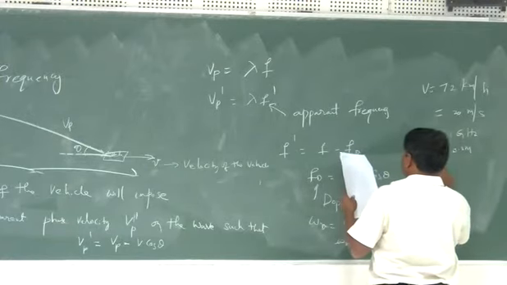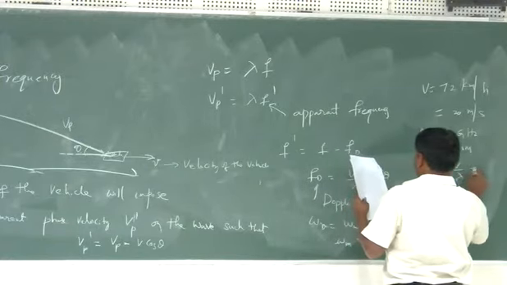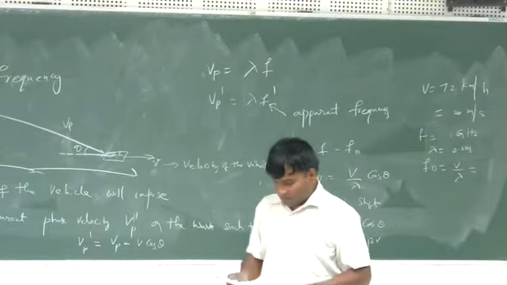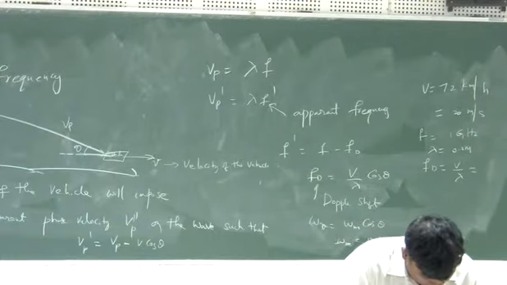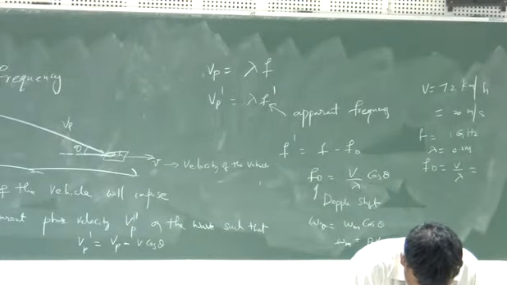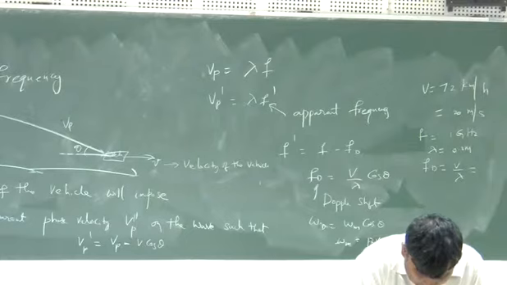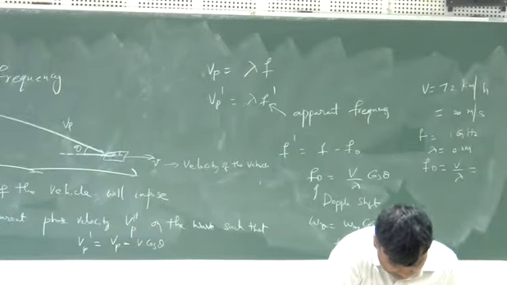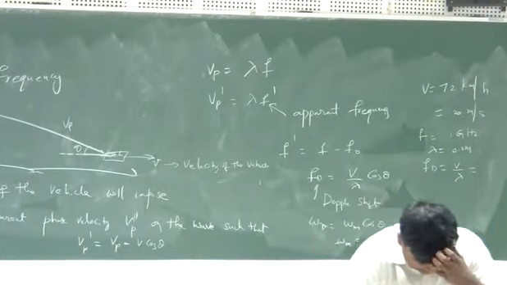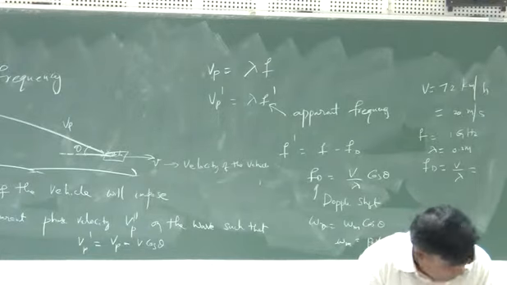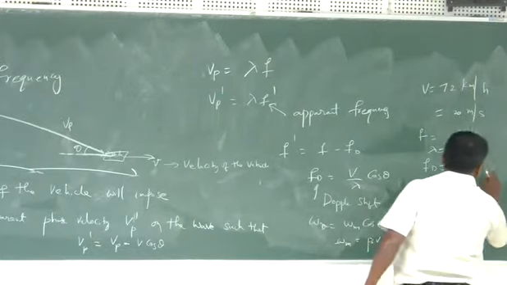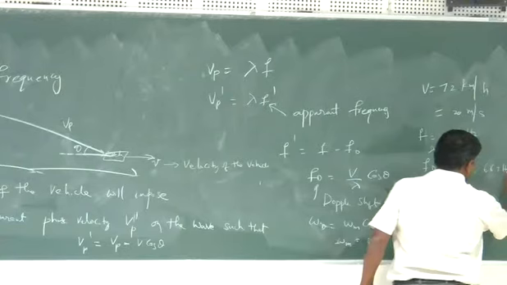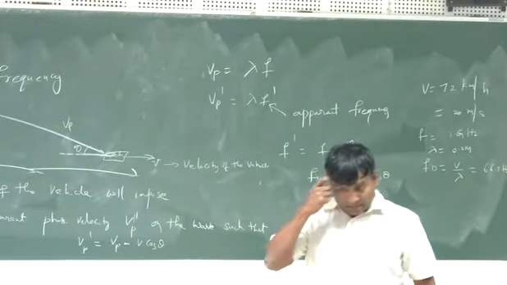What is fD here? fD is 6.7. That is the Doppler you will see.